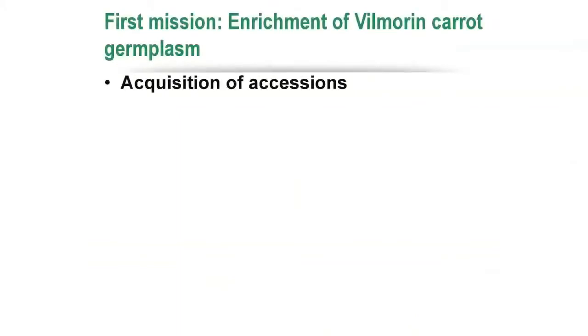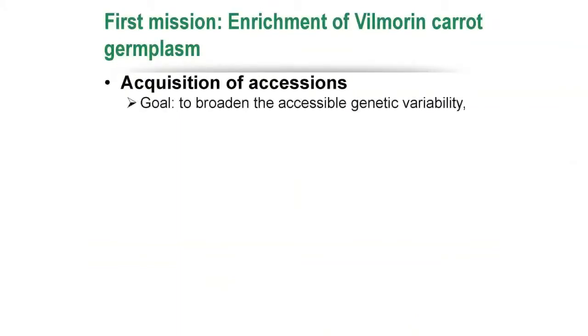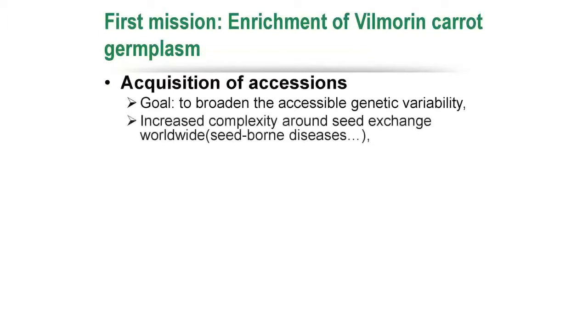Now I'll briefly explain the way we work concerning the gene bank part. The goal is to broaden the accessible genetic variability. One statement is that there is increased complexity around seed exchanges worldwide. Our gene bank is made of our own company accessions.